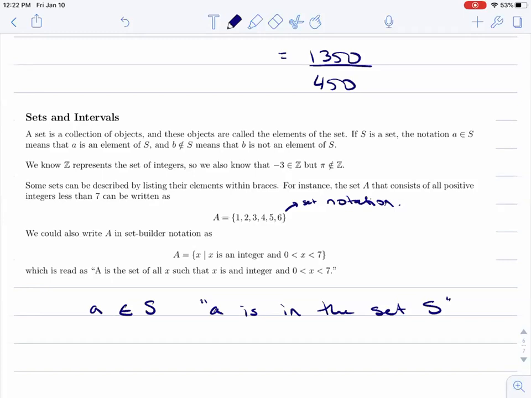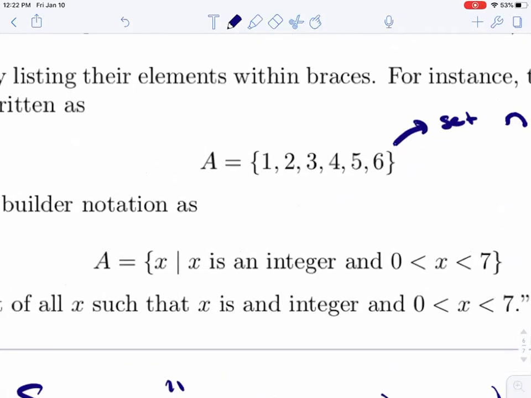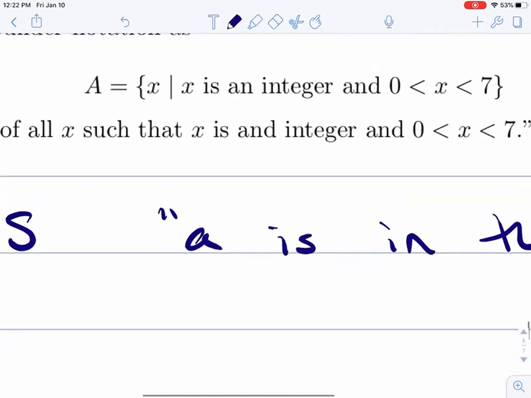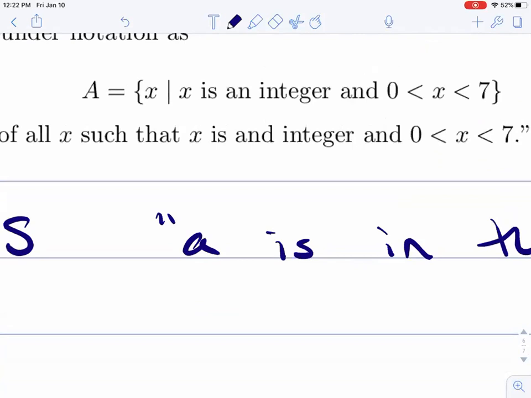If we want to get really, really fancy, we can use what's called set builder notation. The set A is all values of X such that, and this vertical line says "such that," X is an integer. So we started out with X being any real number.